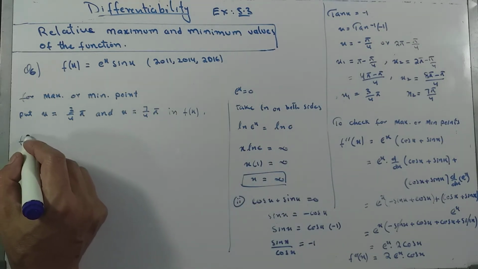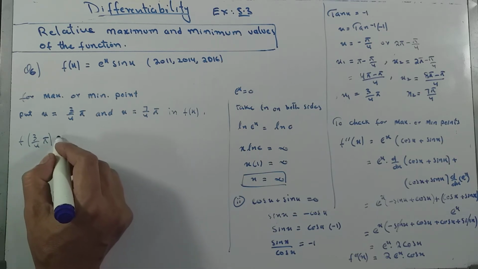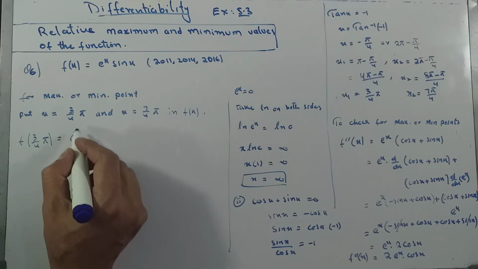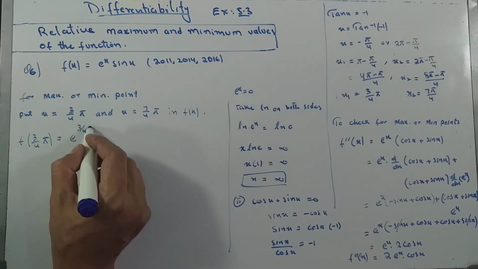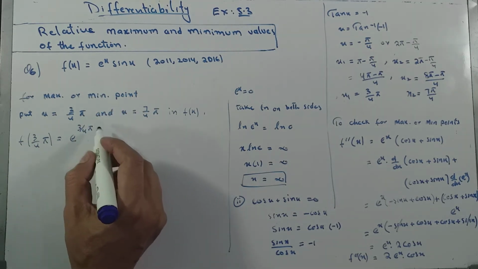So f of 3 upon 4 pi is equal to e^(3 upon 4 pi) multiplied by sin 3 upon 4 pi.